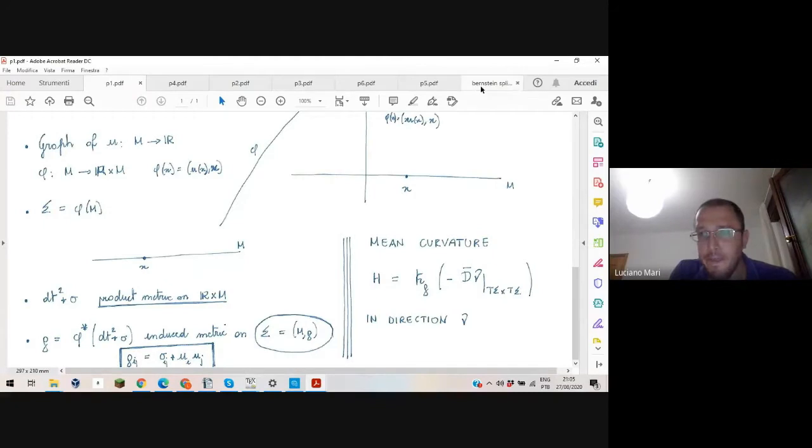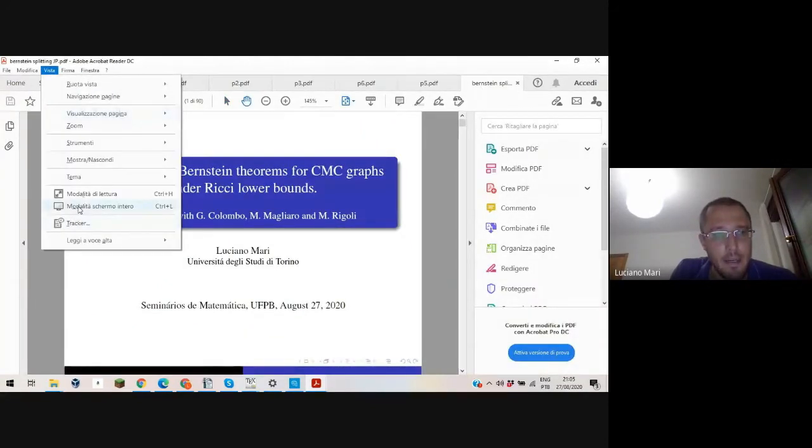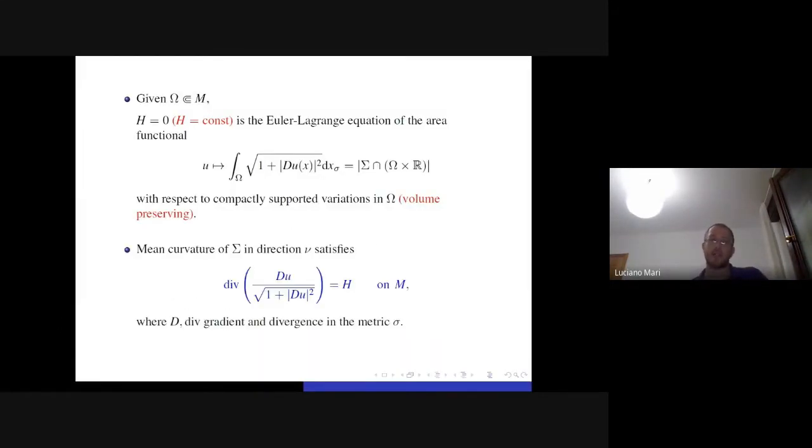Okay, right. Let's go back to slide one. Minimal and constant mean curvature graphs are the Euler-Lagrange equation of the area functional. So I make the graph vary a little bit in a compact region omega, and I measure the area of these variations that are compactly supported in omega.